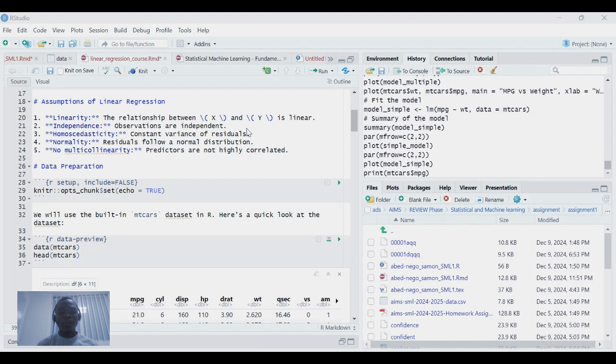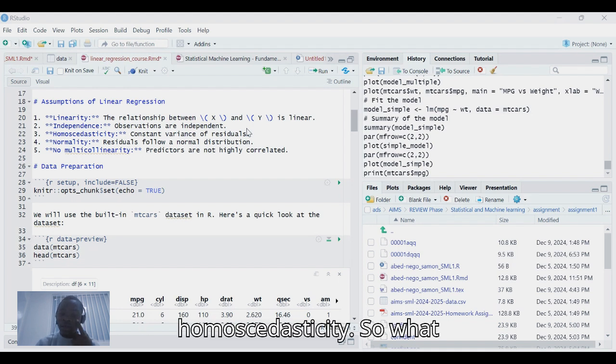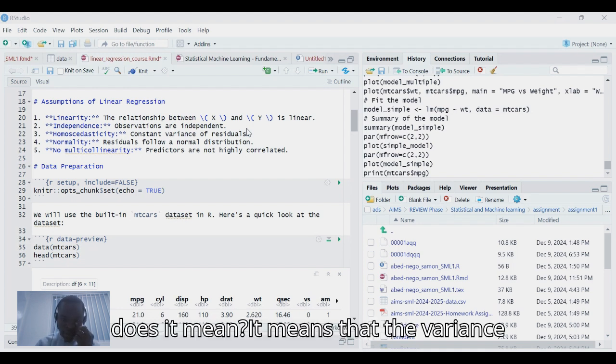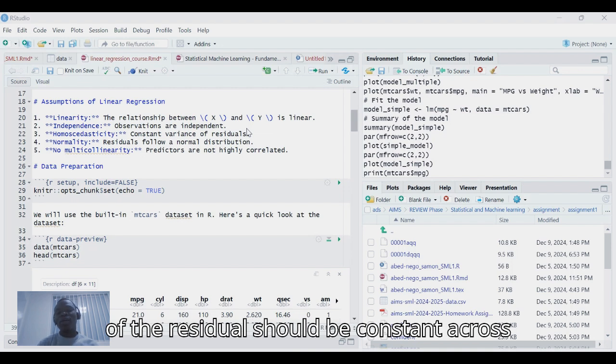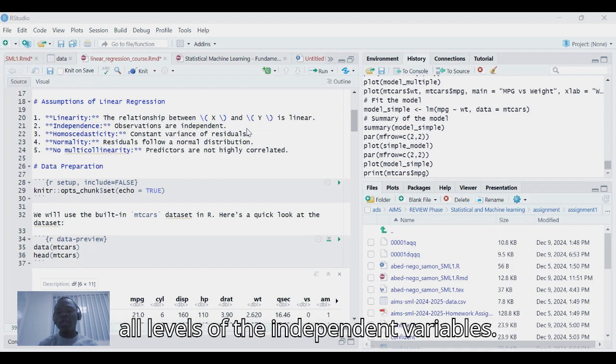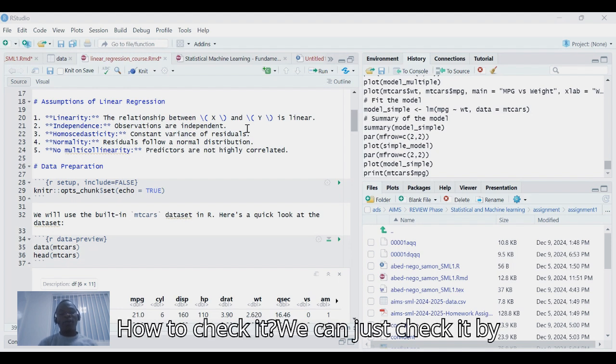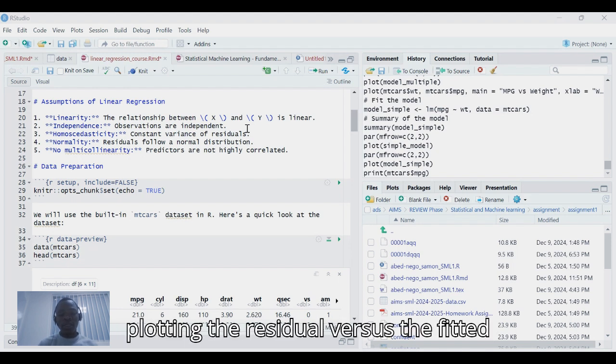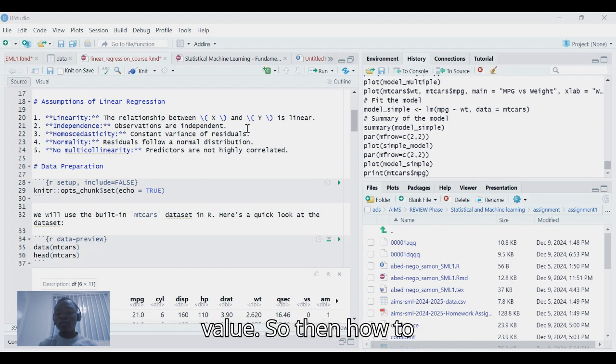Then the third assumption is homoscedasticity. What does it mean? It means that the variance of the residuals should be constant across all levels of the independent variables. How do we check it? We can plot the residuals versus the fitted values.